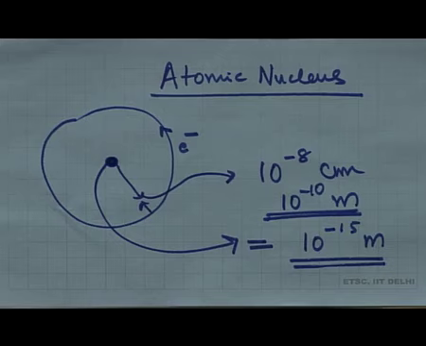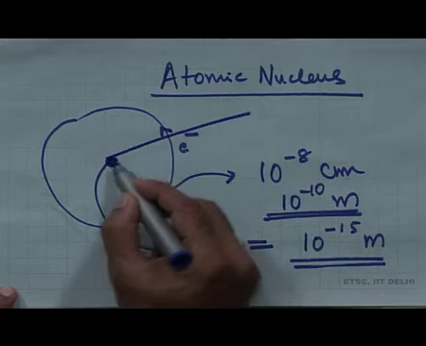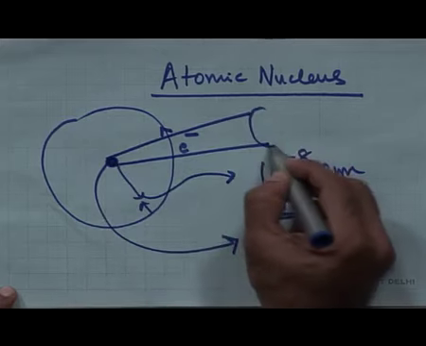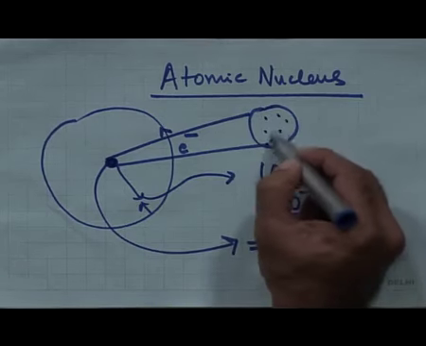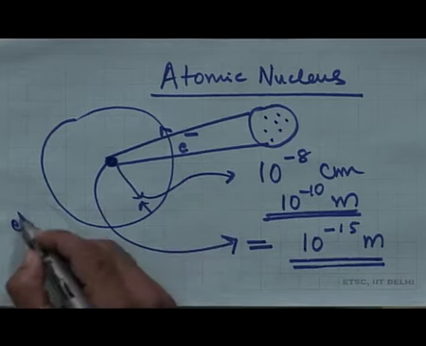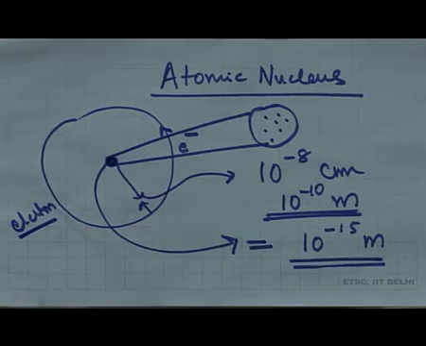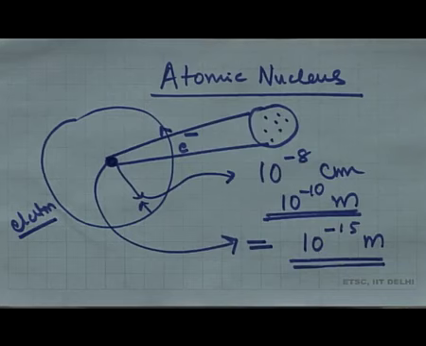Now the question that we are going to ask is, how do we resolve this structure? In other words, I want to zoom in, let us say, through a microscope, and see what the constituents are. This is the question that we have to answer. We know that the electron is a negatively charged particle, and if you look at a more complicated atom, there are more and more electrons in various orbits.